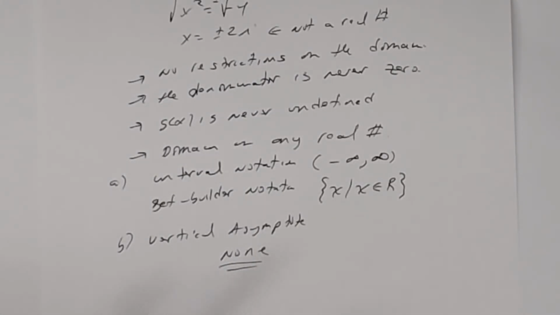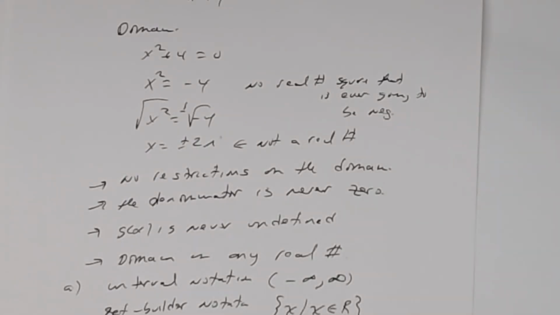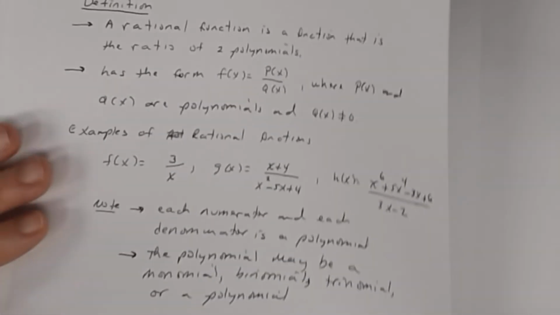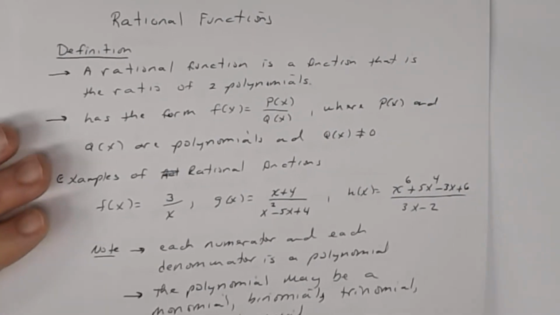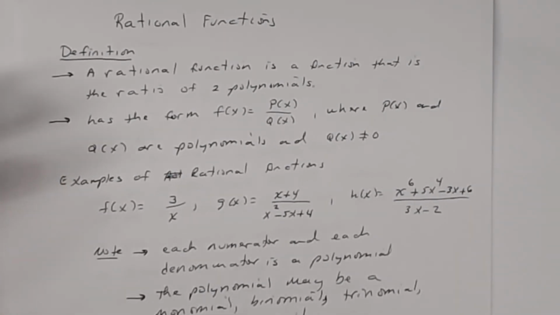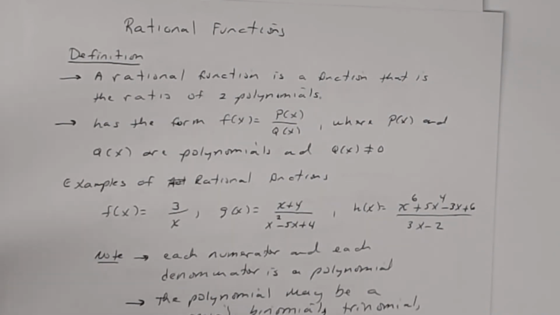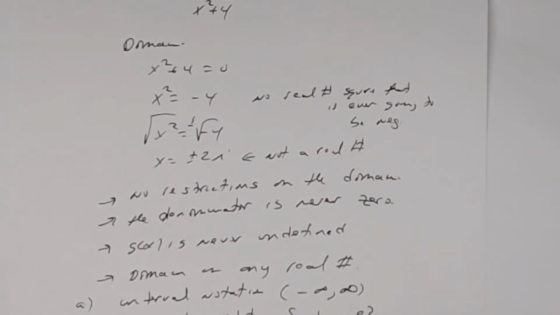All right, so that is the idea behind the relationship between a vertical asymptote and the domain. So remember, the restrictions are going to be your vertical asymptotes unless it is reducible.